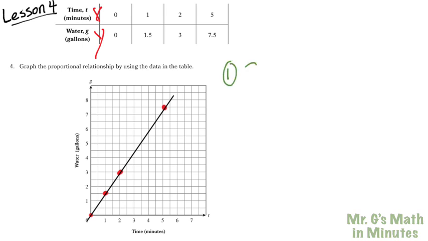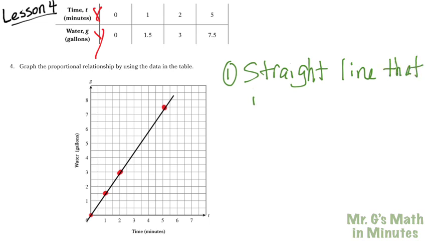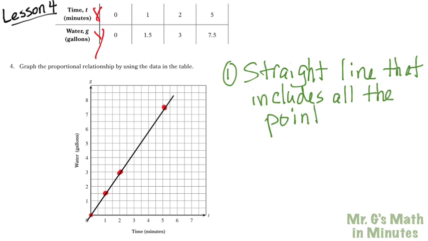Number 1, it's a straight line that includes all the points. If you look at this line, it is straight and has no curves. All 4 points are on this line.